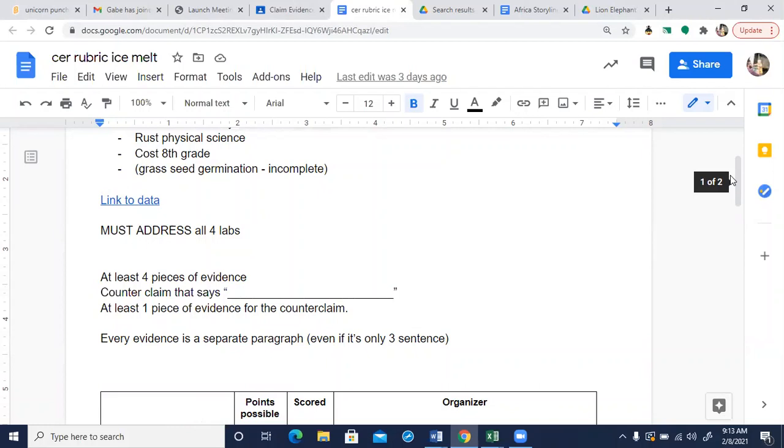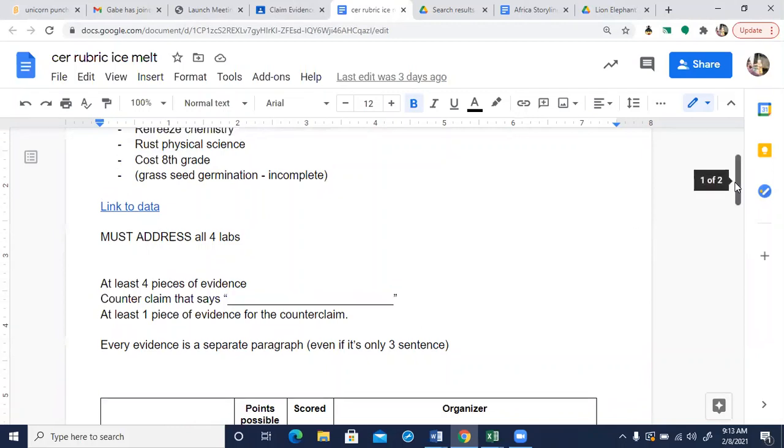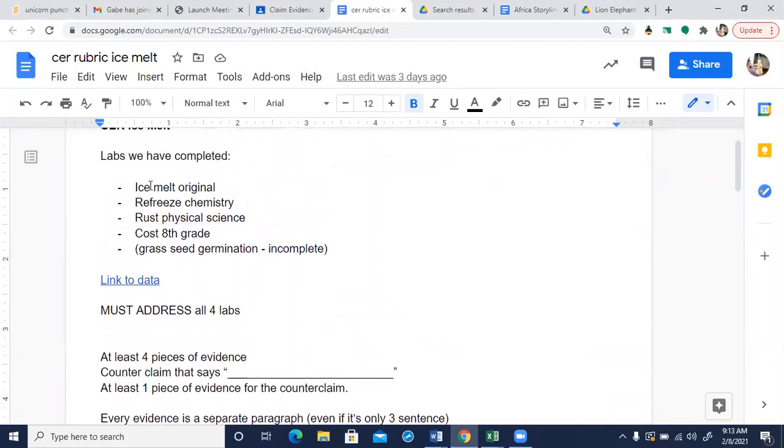All right, I'm here. Okay, so for our claim evidence reasoning, evidence one is going to be from the original Ice Melt lab. Evidence two is going to come from the chemistry refreeze lab, which is where they mixed salt into water and then stuck it in the freezer to see which one would freeze the fastest.